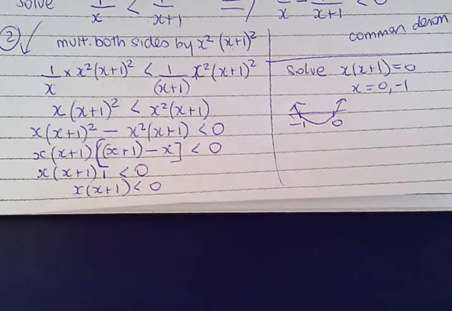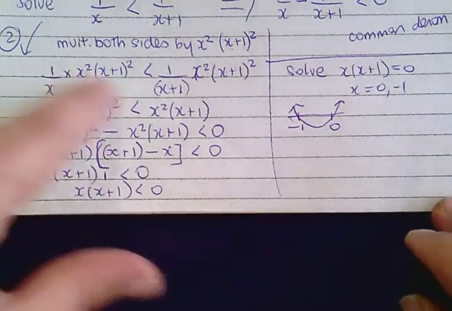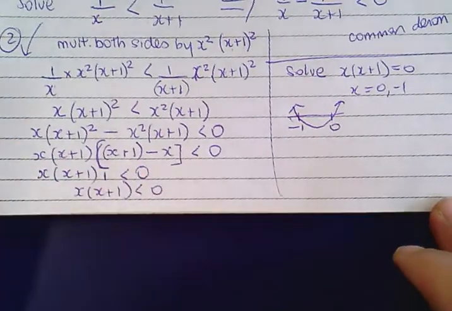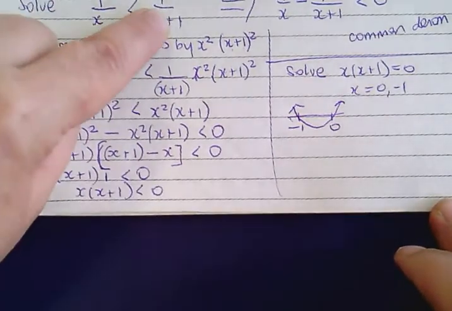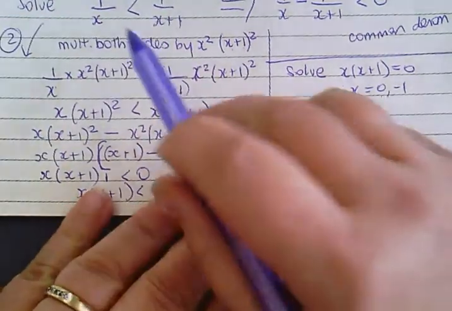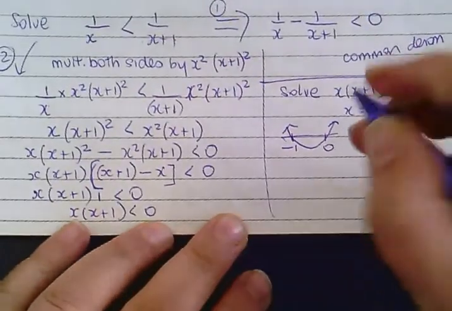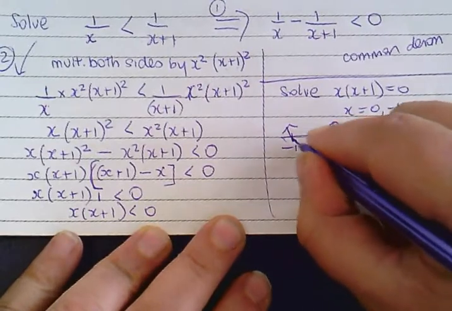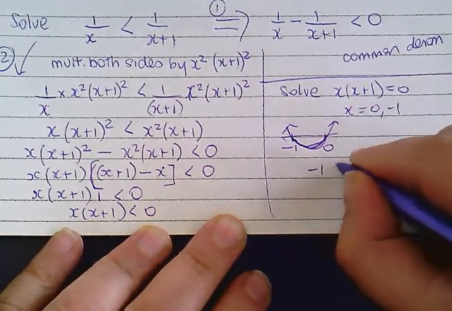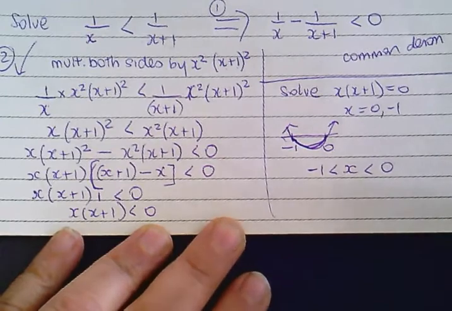Below the line. There's no equal to's in the question. Of course, you're not allowed to have 0 and negative 1 as your solutions. You know, x can't equal 0, x can't equal negative 1. So what's my answer? Negative 1 less than x less than 0.